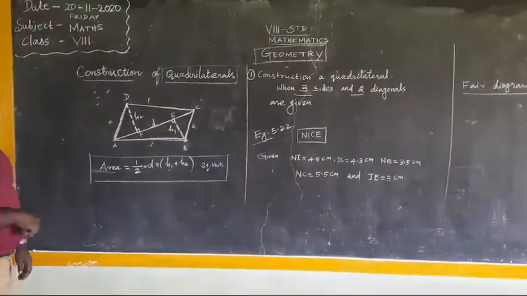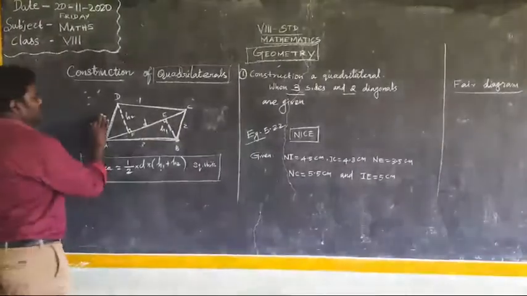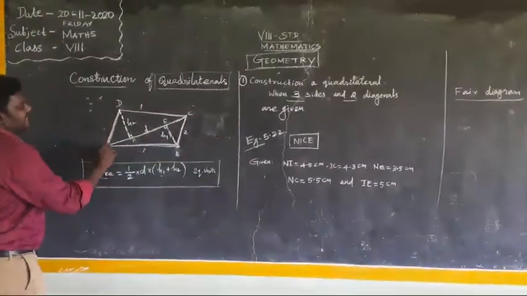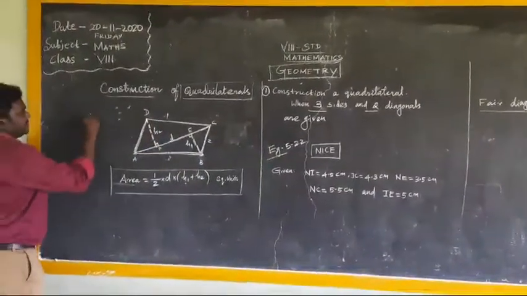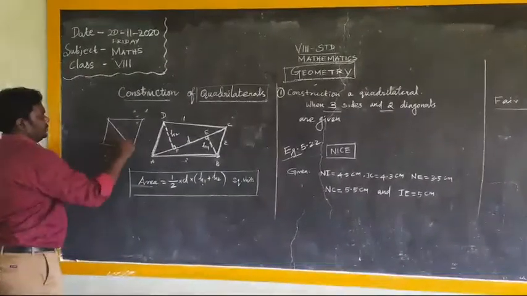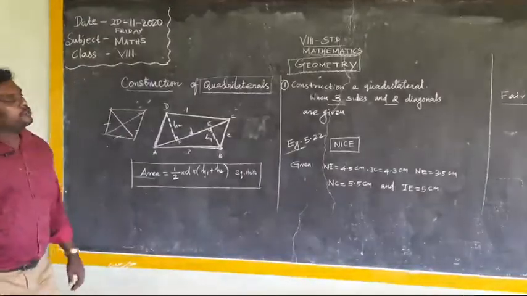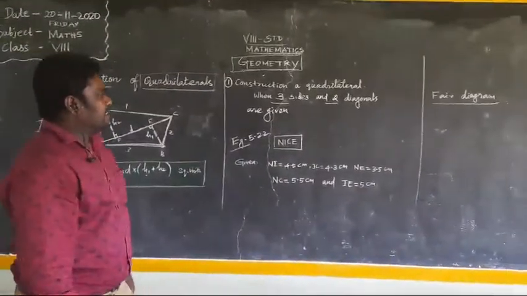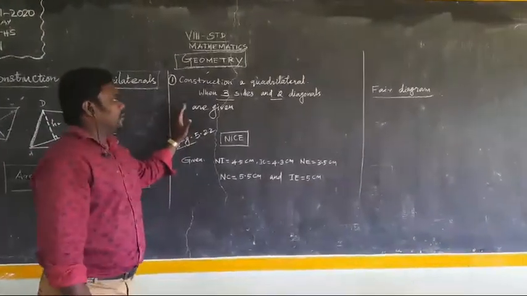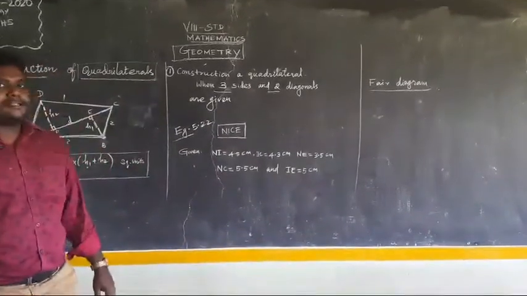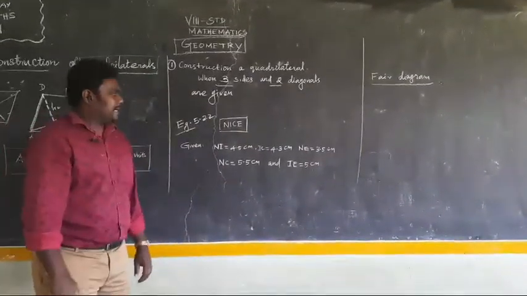They give three sides and two diagonals. If these are given, how do we draw the quadrilateral?